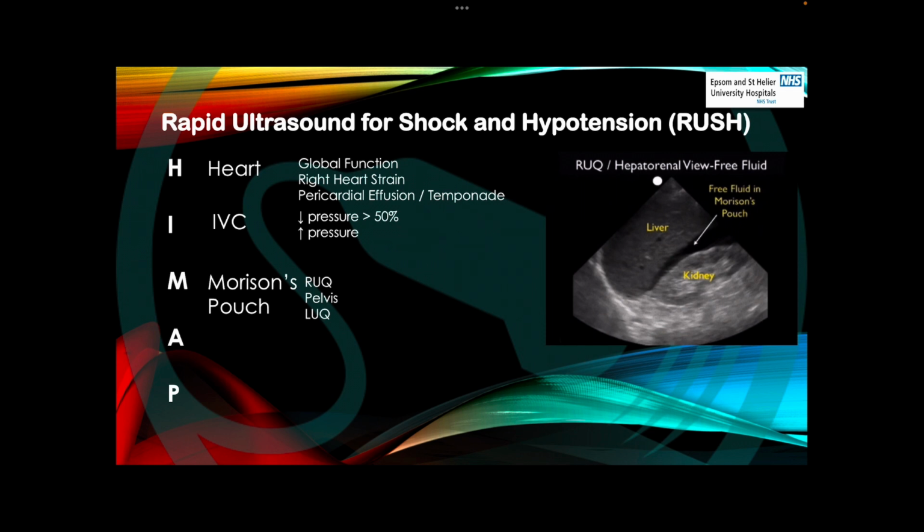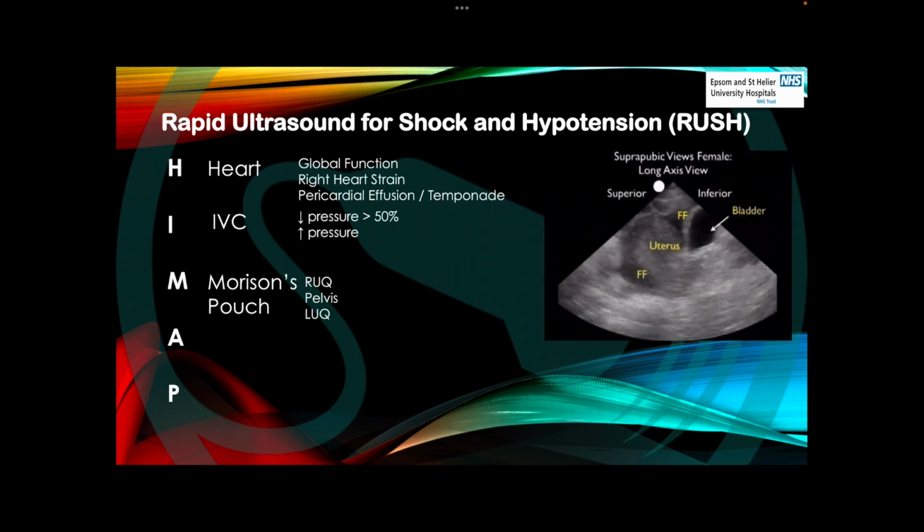Most of the ladies, for example, presenting with a ruptured ectopic pregnancy, you will see some fluid. You can see this is the bladder here, and this is the fluid between the bladder and uterus. You can see that one, and also there is a fluid here. So this is also evaluation in RUSH. We can use it as a way.